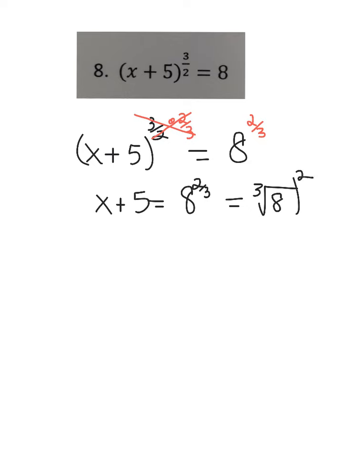The power is 2. So I've got x plus 5 equals, now, cube root of 8 is 2, and then 2 squared is 4. So this is going to be 4. And then all I do is subtract 5. So x equals -1.